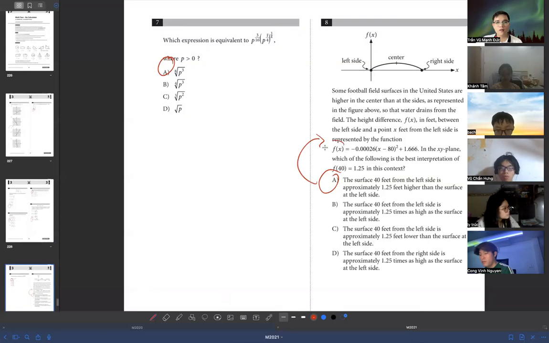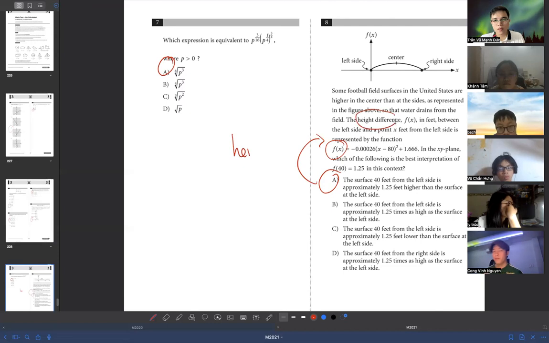So what is f(x)? f(x) is y, but in this context, what is f(x)? It's the height, yes, the height difference.